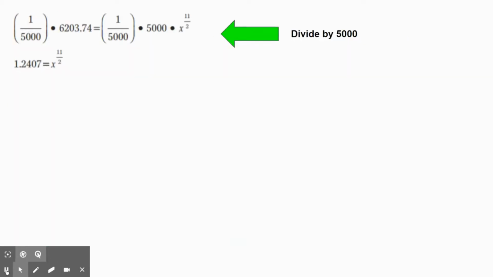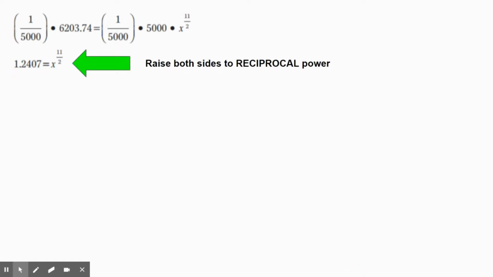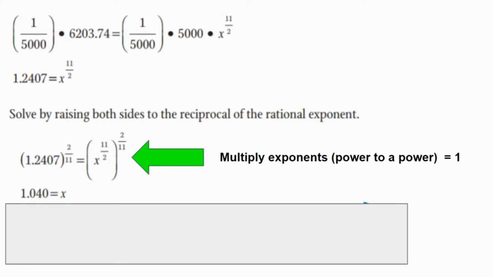My first step is going to be to divide by 5,000. And so I have 1.2407 equals x raised to the 11 over 2 power. Then I can raise both sides to the reciprocal power. Because if I raise both sides here to the 2 over 11, that means I'm going to be multiplying those exponents. 11 over 2 times 2 over 11 will equal 1.